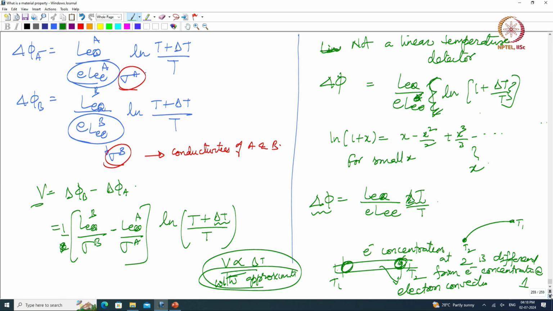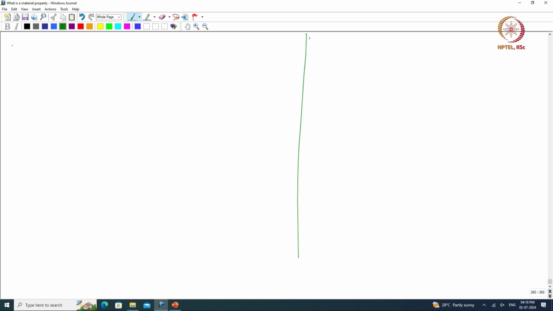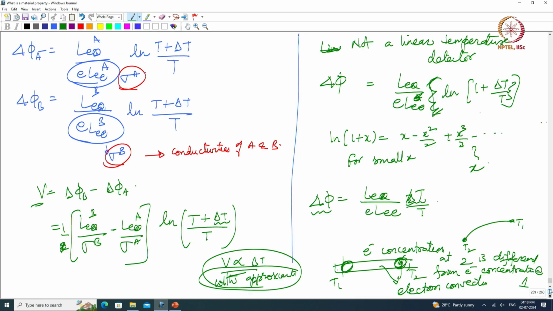As a result, I generate a voltage. Let me just write it properly: electron concentration at 2 is different from electron concentration at 1, and let me not confuse you by writing electron convection.